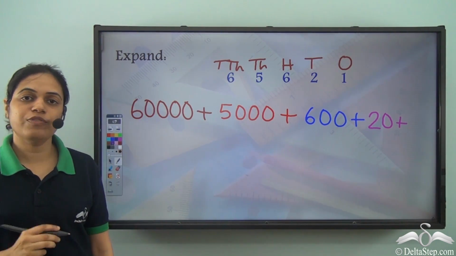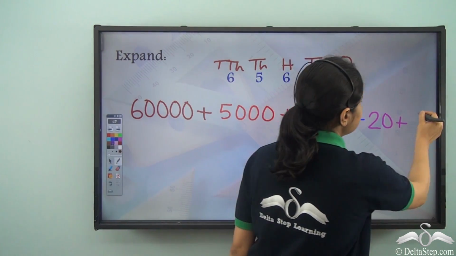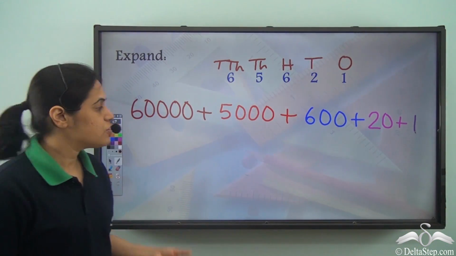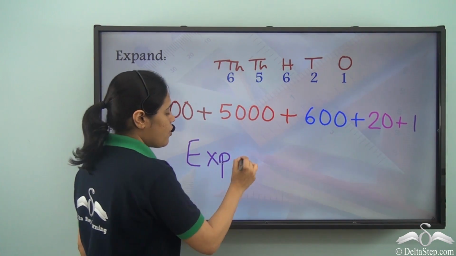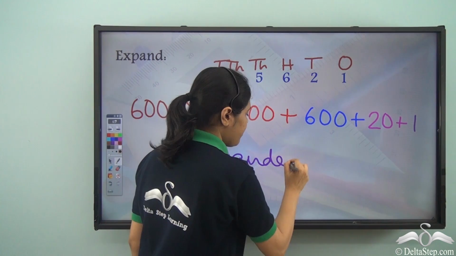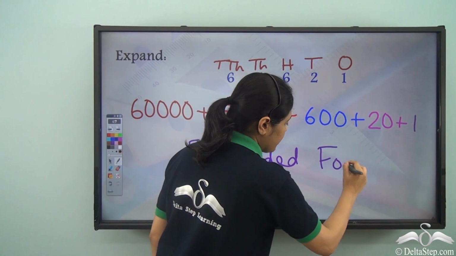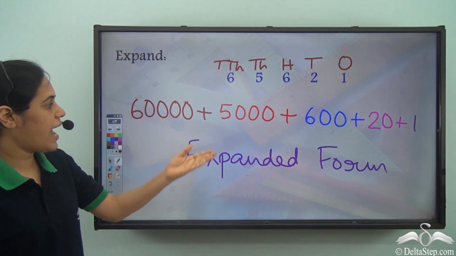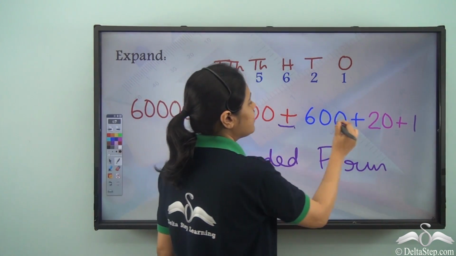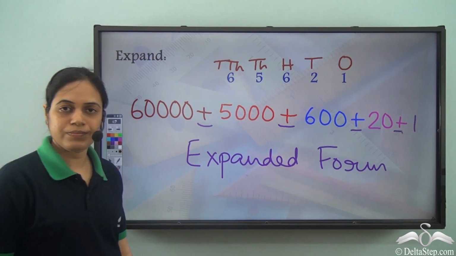So the place value will be 1 into 1. That is 1. So this is the expanded form of the given 5-digit number. Writing the place values and adding them. See, I have added the place values.